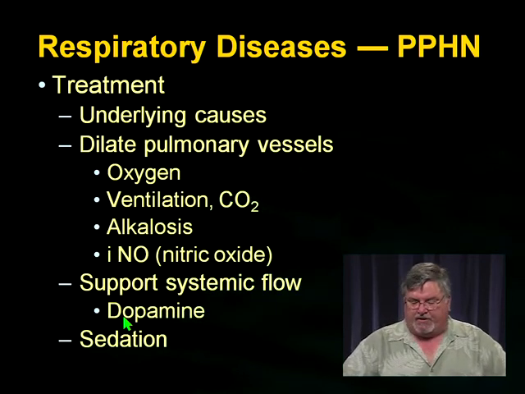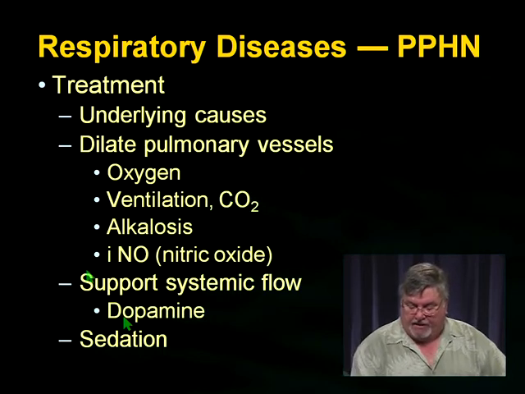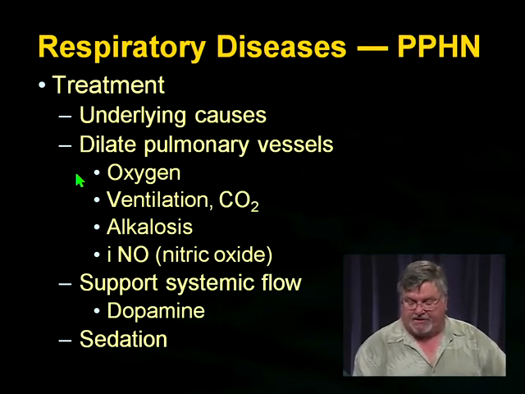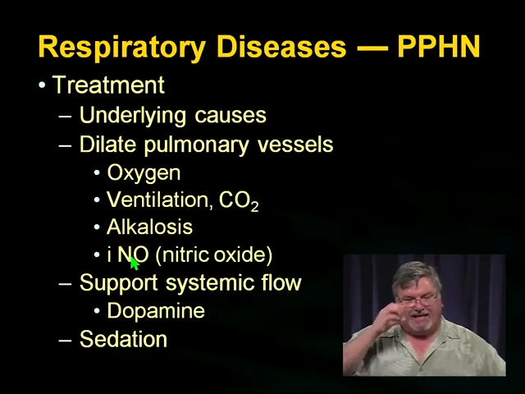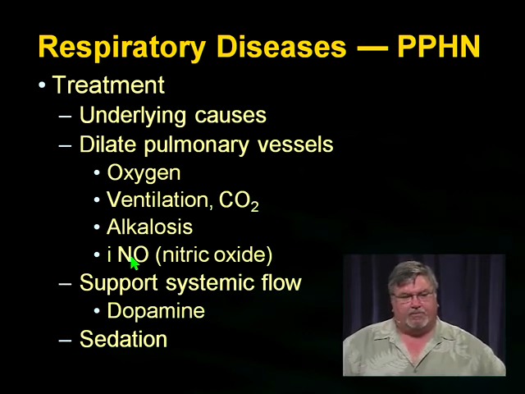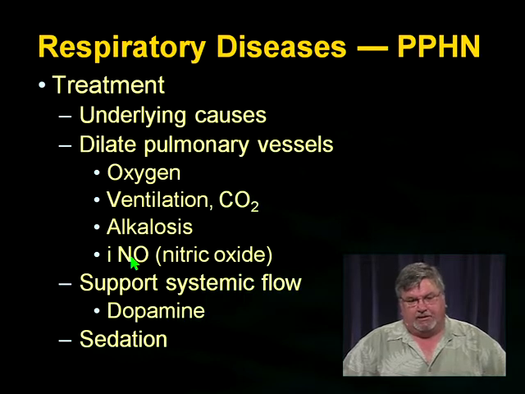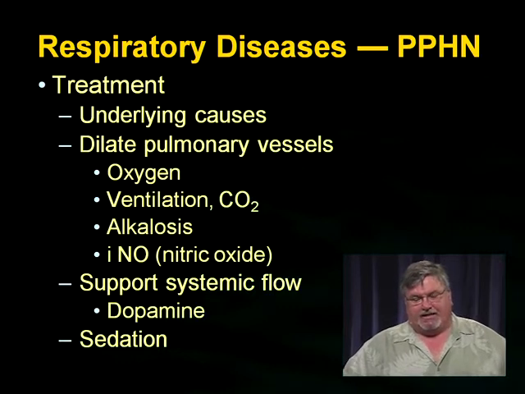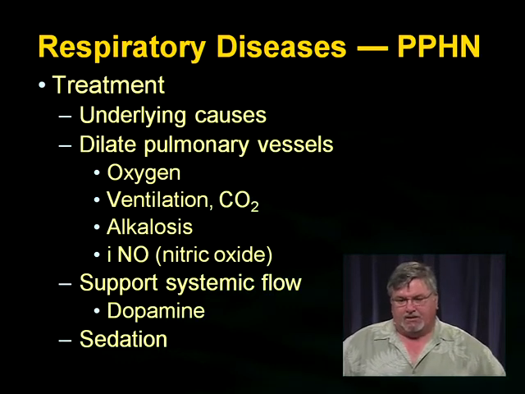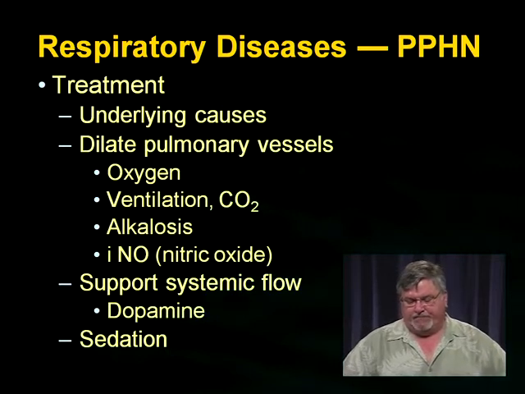Treatment is the treatment of underlying causes, and some attempt to try and dilate the pulmonary vessels, and the sexy way to do that these days is with inhaled nitric oxide. Why inhaled? Because hemoglobin inactivates nitric oxide, so if you try and give it any other way, it never gets to the lungs. And the cool thing is that if you give it in the lungs, the nitric oxide gets inactivated by the blood, and so it doesn't reach other organs and cause problems as well.